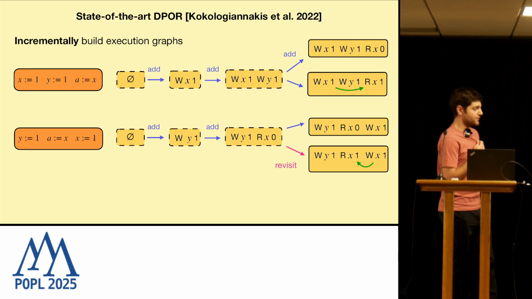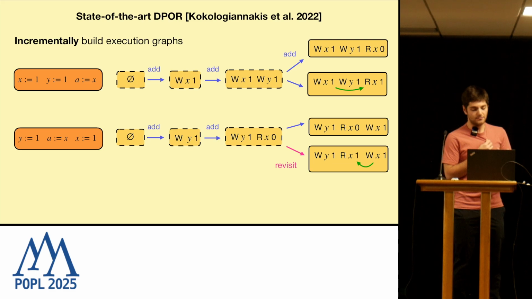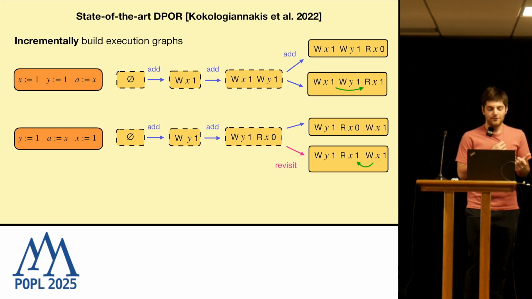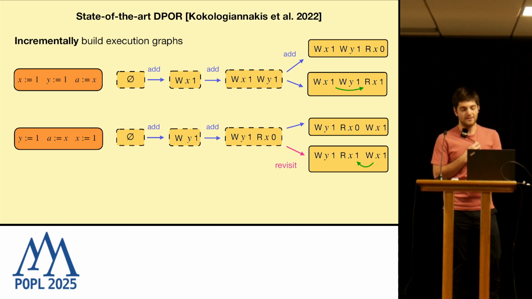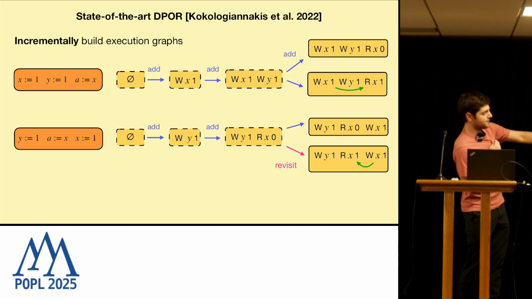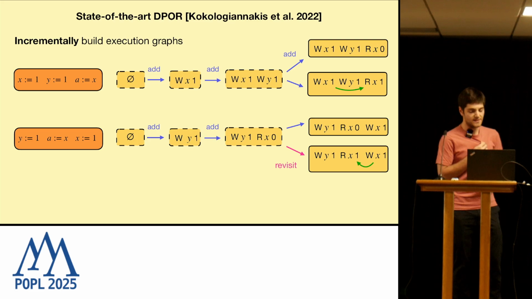Now you again have two choices. Either just execute it, do nothing else, and this is the top execution graph that you see, or add it and revisit the previous read. So you need to give the read the choice to read from a write that was added later. And you can see this with the edge there. Now the read is reading from the later write. This is called the revisit. It's very important to how DPOR works.